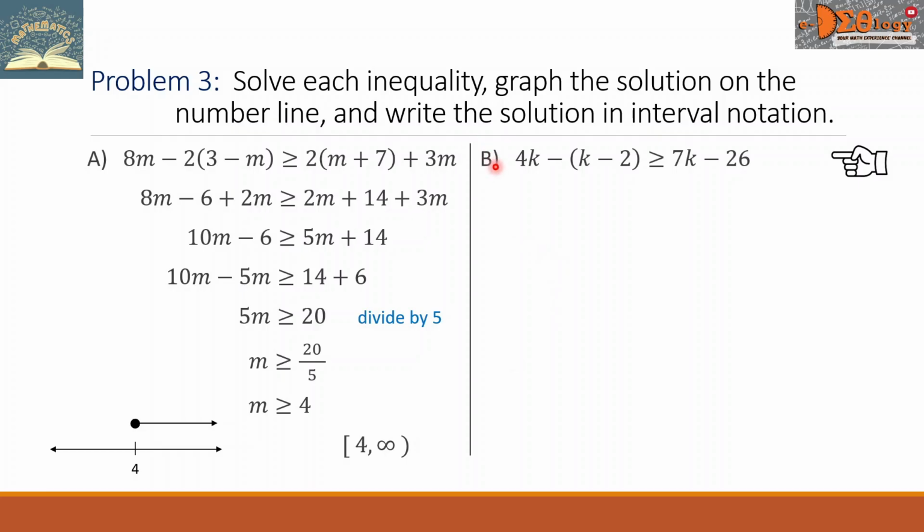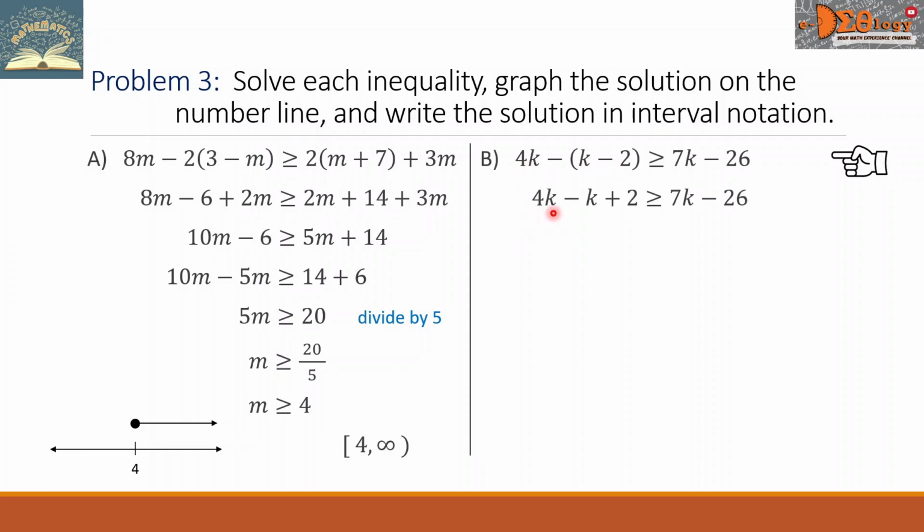Then expression B. 4k minus the quantity k minus 2, more than or equal to 7k minus 26. Let us now simplify the left side. Let us remove the grouping symbol, but this is a minus in the front. So we know that we need to change all the signs of the terms inside the grouping symbol.